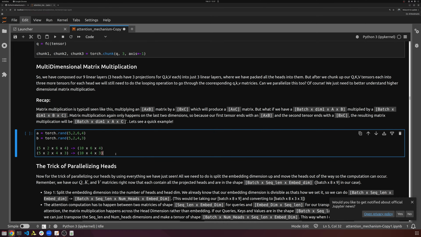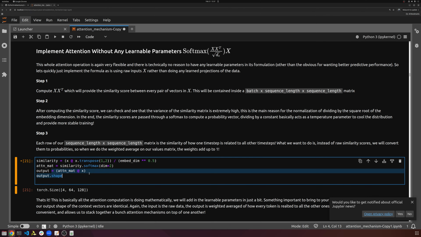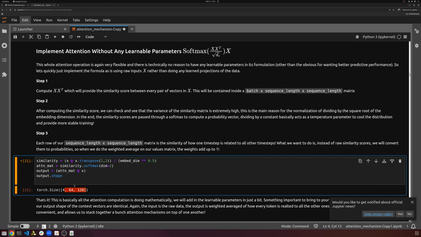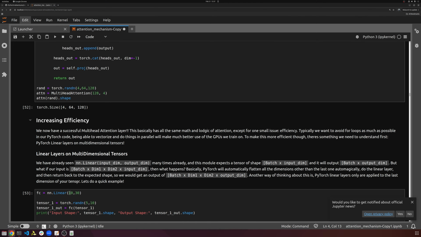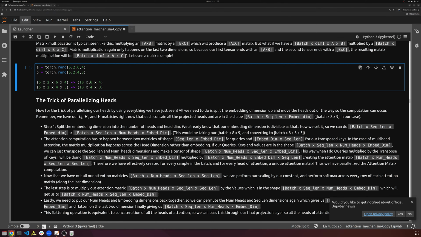And exactly how we did matrix multiplication earlier on these higher dimensional tensors, we need to do exactly the same thing here. PyTorch will automatically flatten everything except for the last 2.